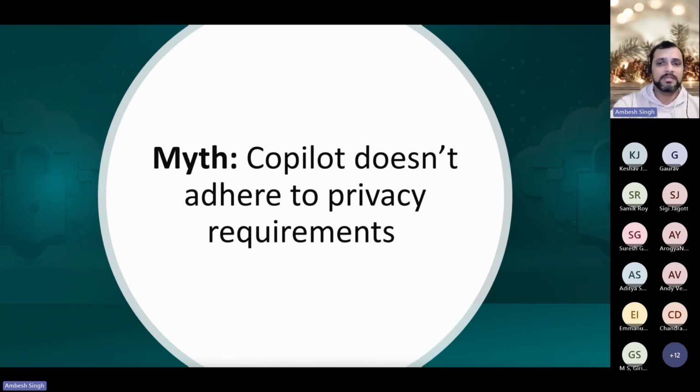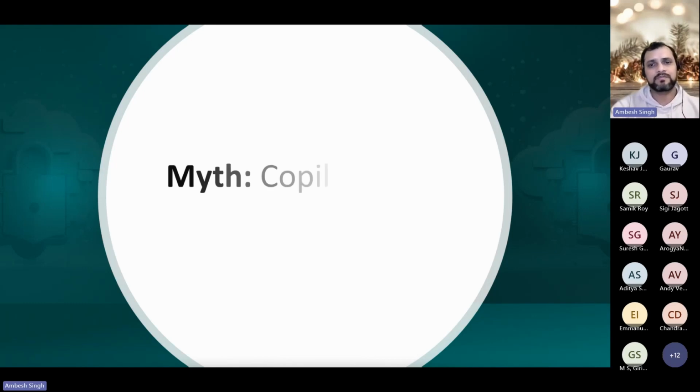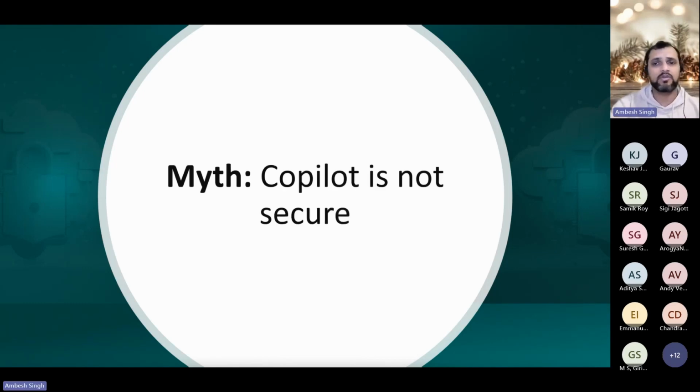They follow all of the principles and guidelines in this area. Another myth is that Copilot is not secure. The fact is that Copilot is built on the foundation of enterprise-grade security, as I already mentioned. It is compliant with Microsoft's existing privacy, security, and compliance commitments to Microsoft 365 commercial customers. It is totally secure, so we shouldn't be much worried about that.